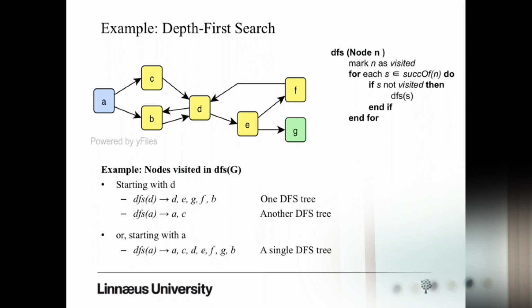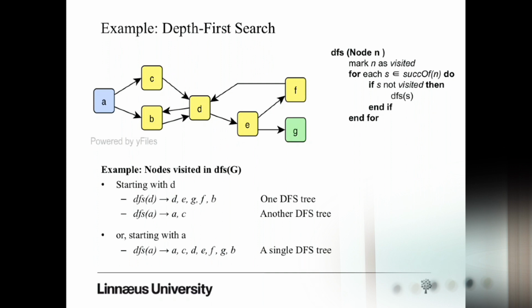In this case, C and B are the successors because they come after A. Then we check if s is not visited, because there can be loops, cycles in your graph. It could be that you have already visited that node. If you have already visited it, you don't need to visit it again. So before visiting a node, you must check that. If it's not visited, then you recursively call the depth first search algorithm on it.